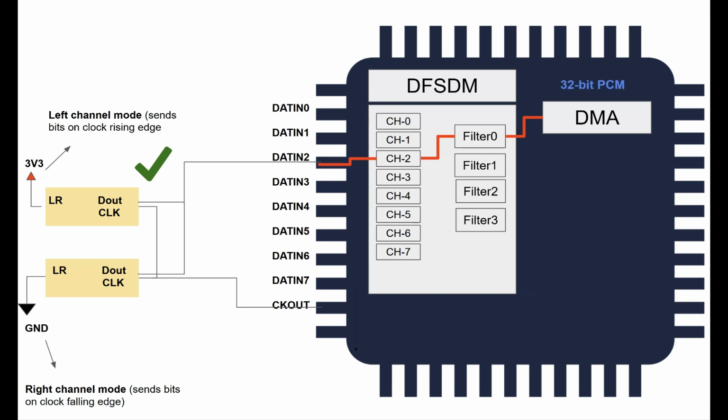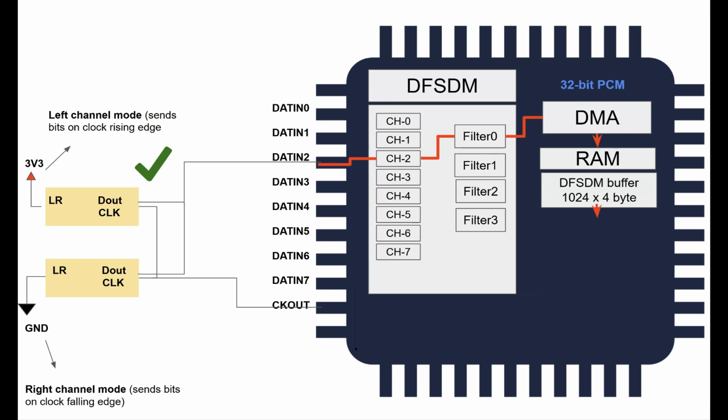The DMA will take the data directly from the DFSDM peripheral and write it into RAM. Since the DFSDM resolution is 24-bit, each data point will be stored in an integer type. The DFSDM buffer size will be 1024 elements. And since each element is 4 bytes, that is how much memory we will allocate.